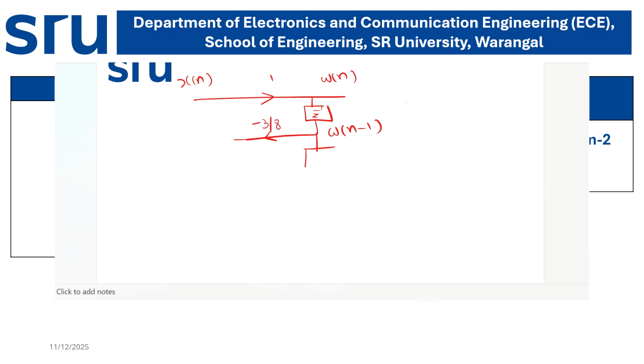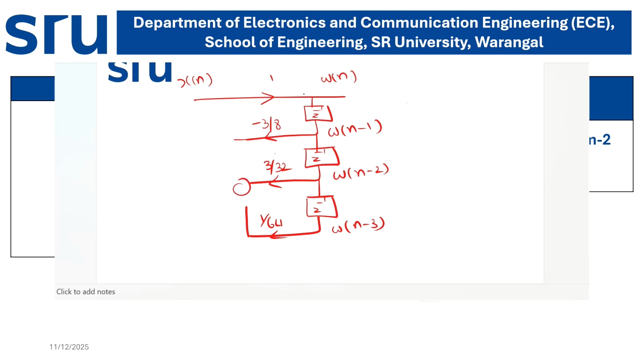Then again one more delay element to produce w of n minus 2, and the coefficient is 3/32, and for the last, w of n minus 3, the coefficient is 1/64. Now all are added by adder circuits. So this is our final structure for equation number 3.